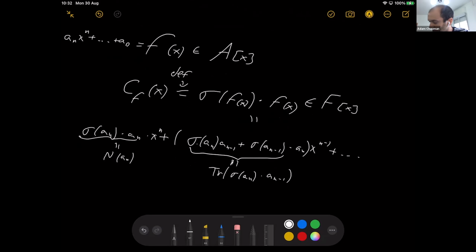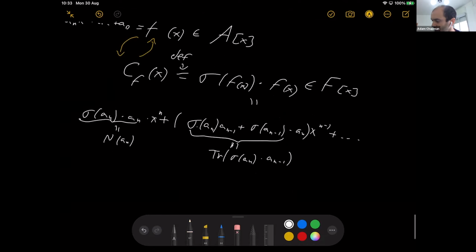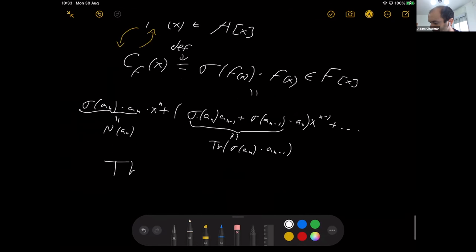So I have this fx, and with it I construct this cfx, and I want to solve this polynomial, to find the roots of this polynomial, to somehow go back to fx. So here's the main theorem.